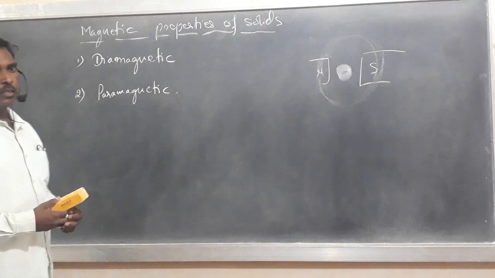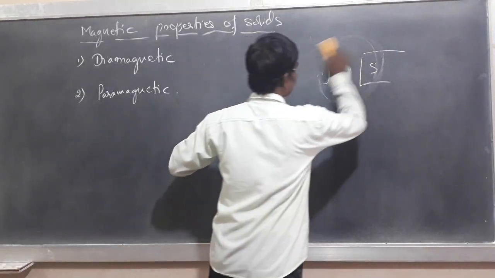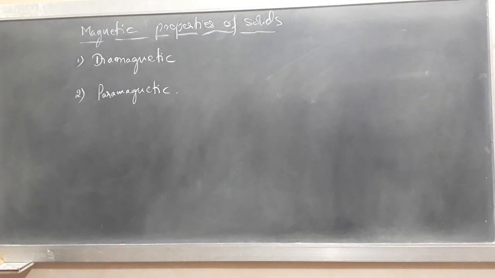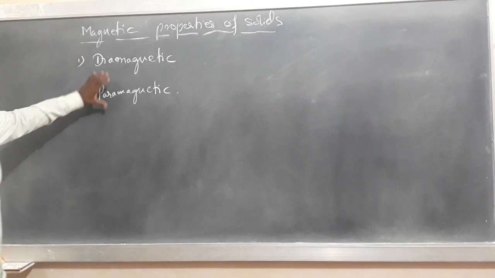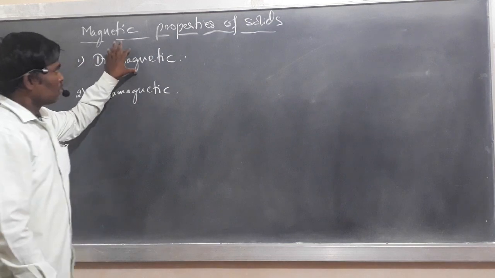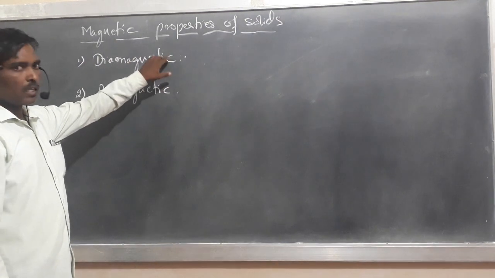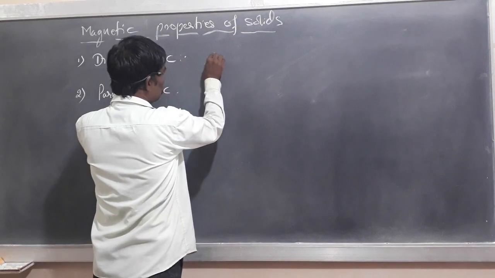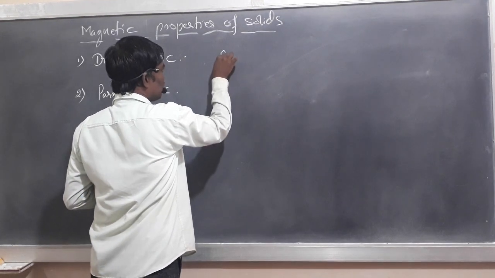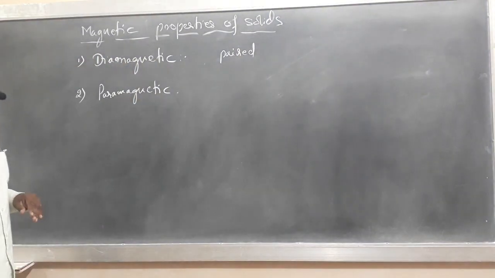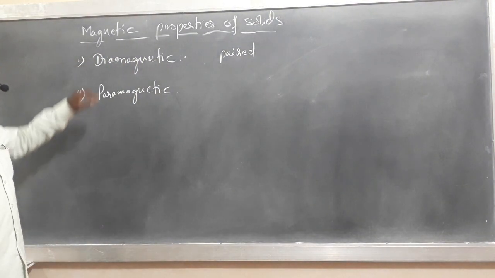Diamagnetic substance and paramagnetic substance. A diamagnetic substance is one which contains paired electrons, and it is weakly repelled by the magnetic field.